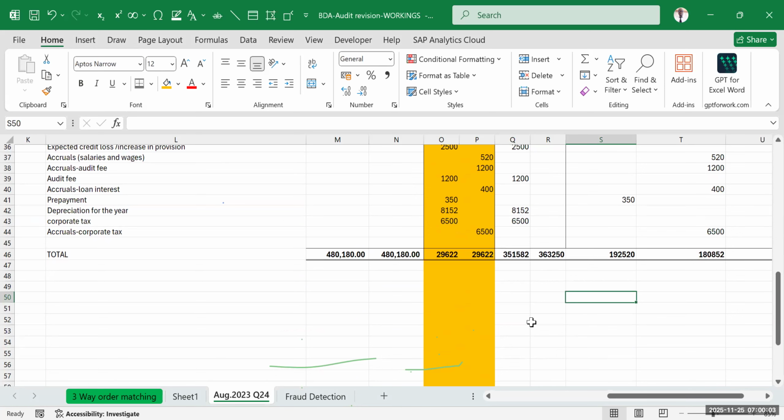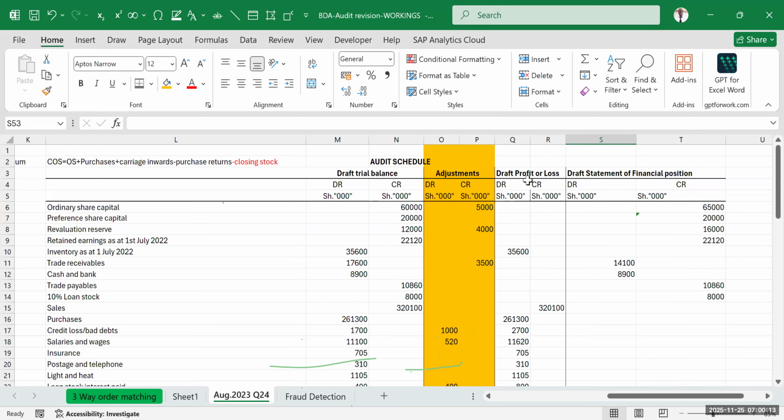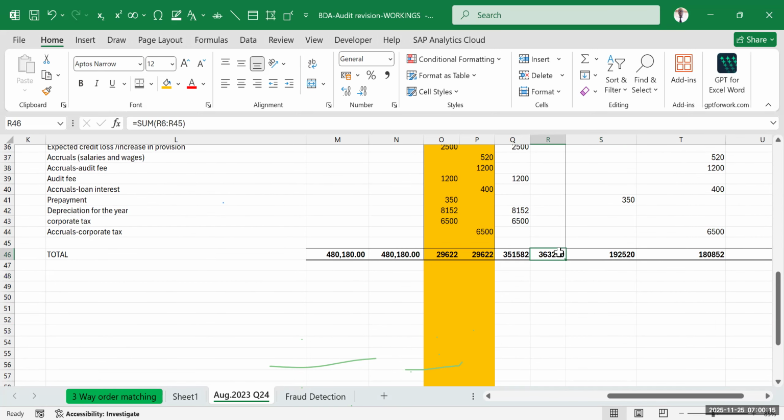Now that profit or loss will be the balancing figure. So is the credit side higher than the debit? Then the balancing figure, we call it what? Now look at the profit or loss. The credit side is higher than the debit. What does it mean? Is it a profit or a loss? It is a profit. Thank you.